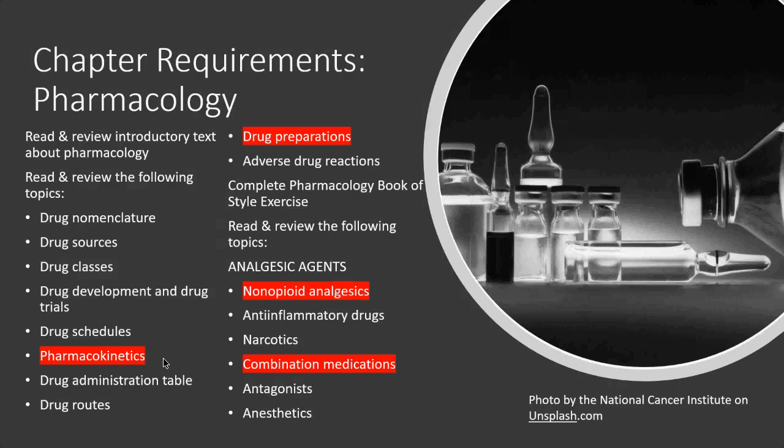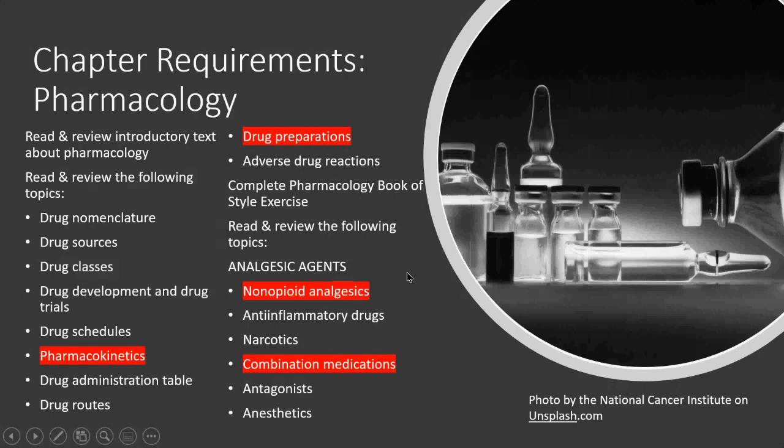Could I describe that to someone if they asked me what that meant off the top of my head, or would I have to refer to it? Drug preparations, do I know all of these really well, or will I want a little list of them? Combo medications can give a lot of people trouble.